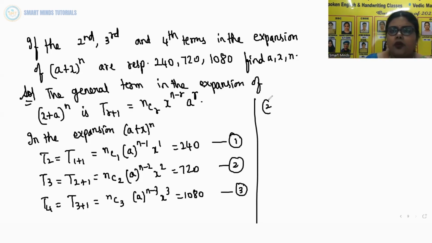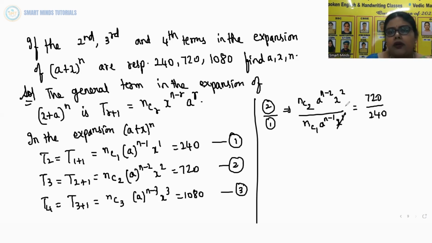Now we will divide 2 by 1. Equation number 2 divided by equation number 1. So you will get nC2 a^(n-2) x^2 by nC1 a^(n-1) x^1 is equal to 720 by 240. Now x and x get cancelled. nC2 we can write as n(n-1) by 2 factorial, by nC1 which is n.